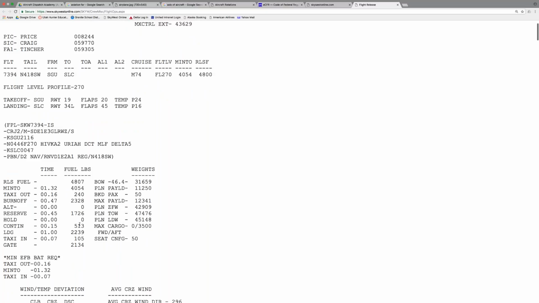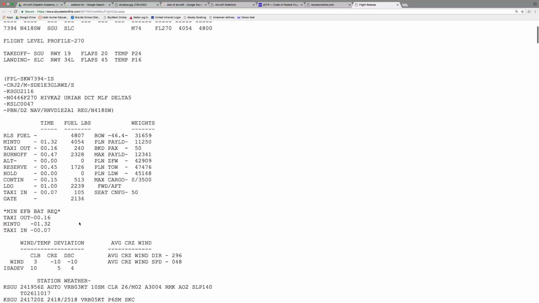And then here's all of our fuel information. So, like I said, acronyms: release fuel, minimum takeoff fuel. So this is what they have to have on board when they take off. Taxi out, the amount of fuel we plan for them to taxi out to the runway from the gate.